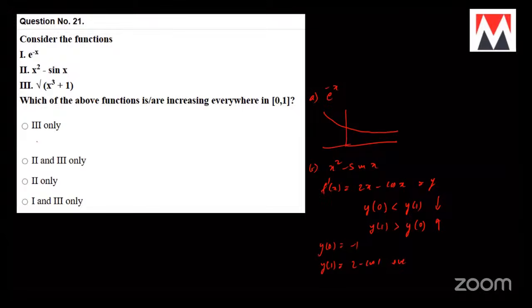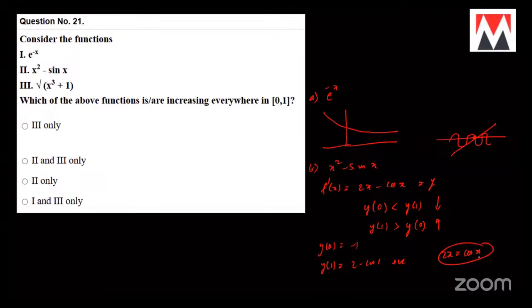So it is increasing. The question asks about everywhere. Can this be 0? Let us see, 2x equal to cos x. Yes, there can be a 0 value, because the cos x curve will be like this. There will be a point of intersection between 2x and cos x.